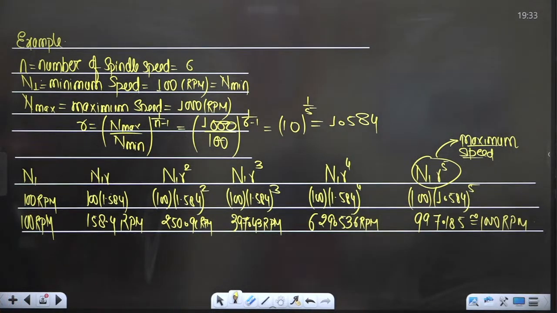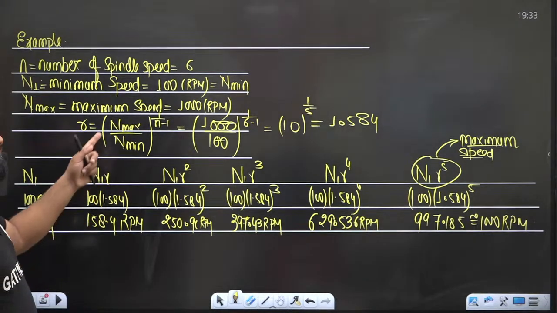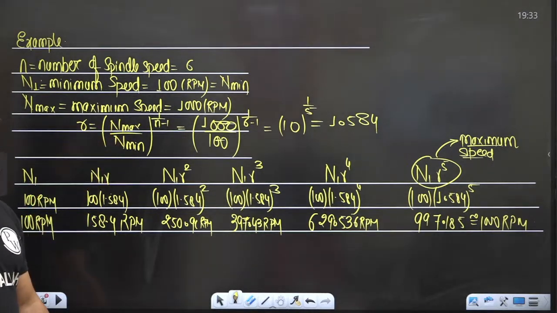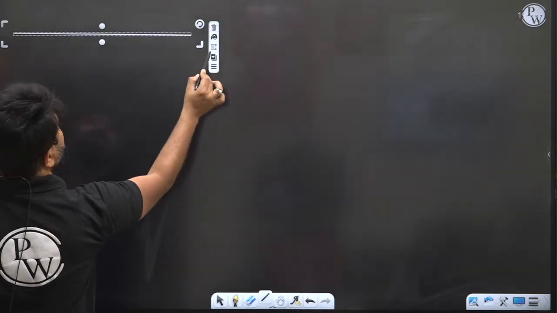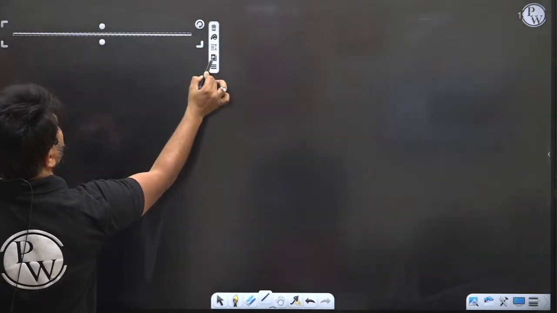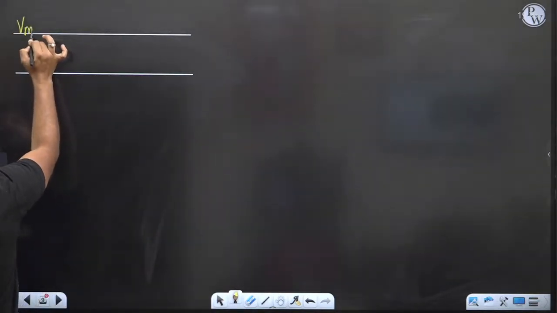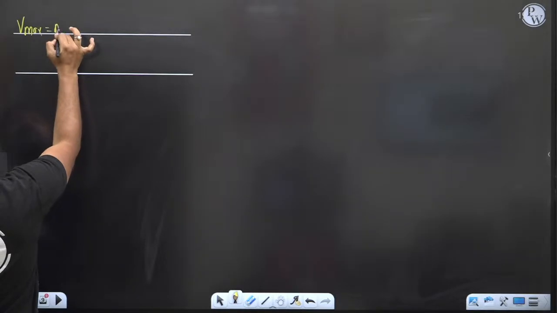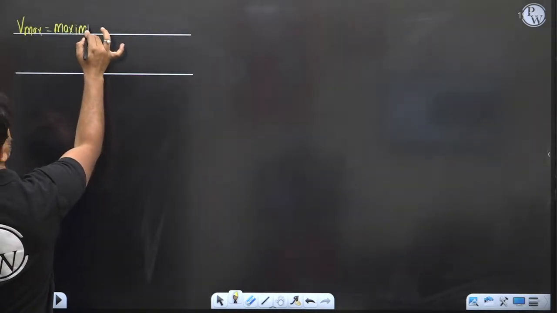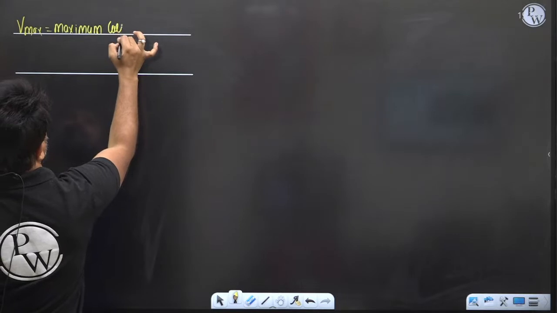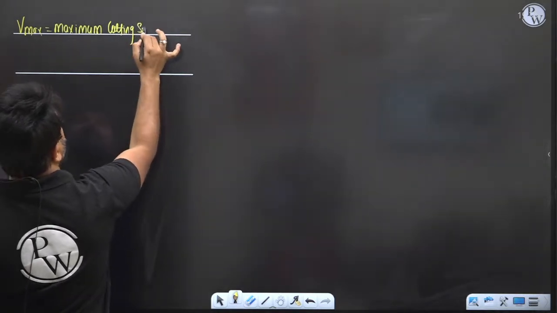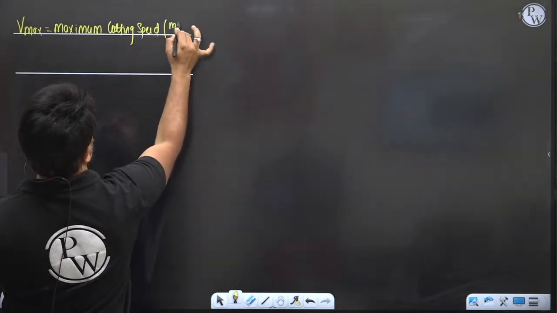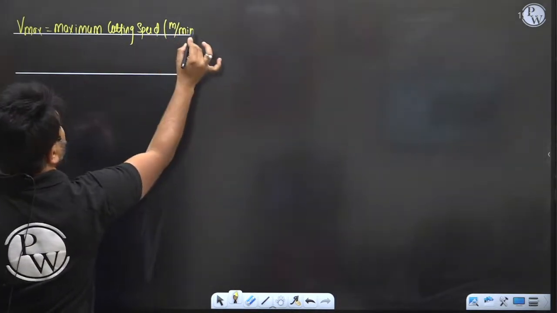Now some of you can ask me, sir, how can you find nmax and nmin? My dear, as you know, there will be a maximum cutting speed, V max, right? Maximum cutting speed, and generally it will be in meter per minute if I'm not wrong, right?